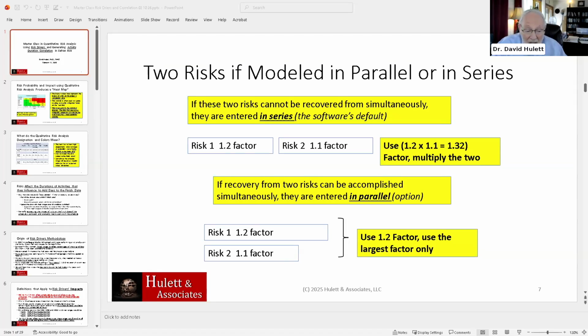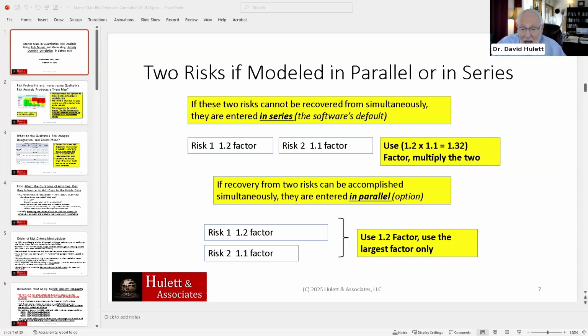And risk 2 is still 1.1, but if they're entered in parallel, then only the longest factor multiplier on a particular activity for a particular iteration works. So therefore, I get a 1.2 factor for that particular iteration. So if it's in series, which, as I say, is the default option, you get 1.32. If it's in parallel, you get 1.2 for these particular two risks.